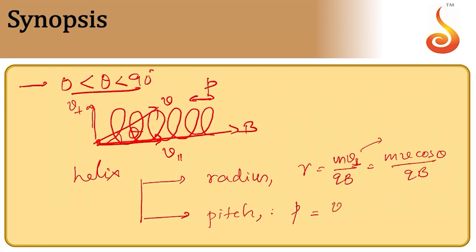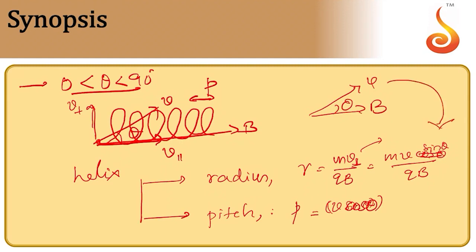So, this can be written as v sin theta into, the perpendicular component is going to be v cos theta in this case because I have taken this as the angle. So, this is v, this is B. The parallel component is responsible for translational motion, perpendicular component is responsible for circular motion. So, this is going to be v sin theta into 2 pi m divided by qB. So, this part has to be kept in mind.